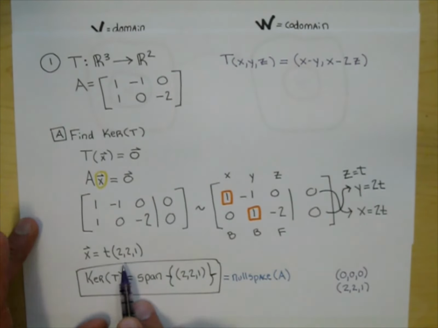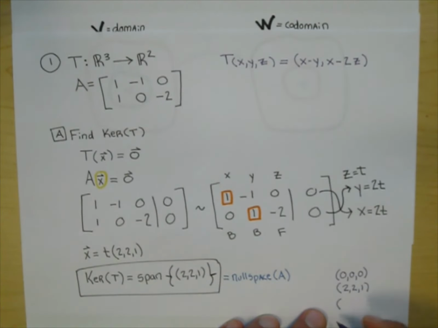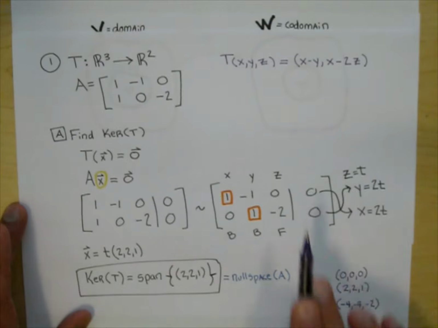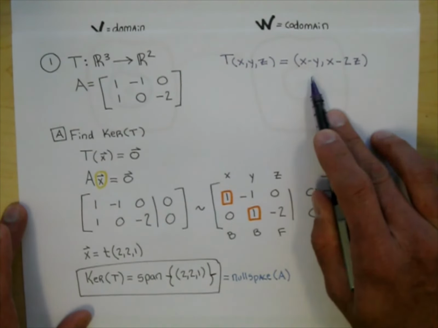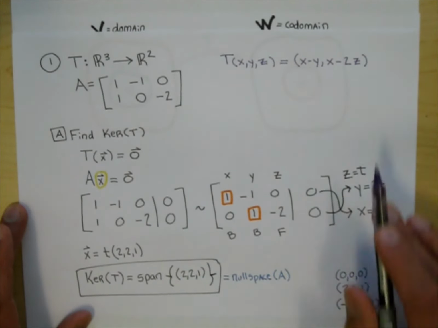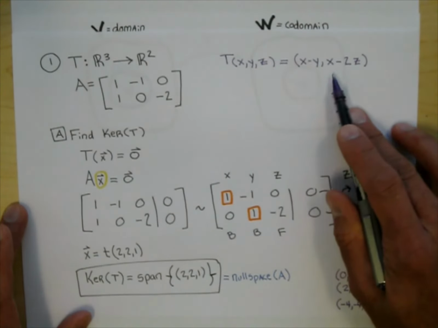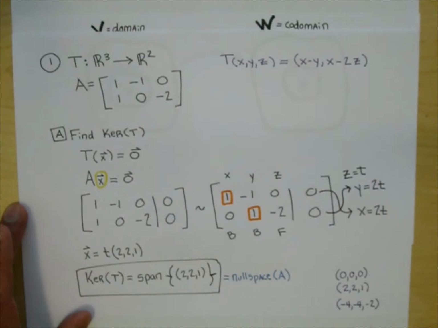But this says any multiple of this, so we have also in the kernel like -4, -4, -2. You can check that out. -4 minus a -4, 0. And -4 minus 2 times a -2, that's -4 plus 4, 0. So all these guys are in the kernel, and there's a lot more. There's infinitely many of them.